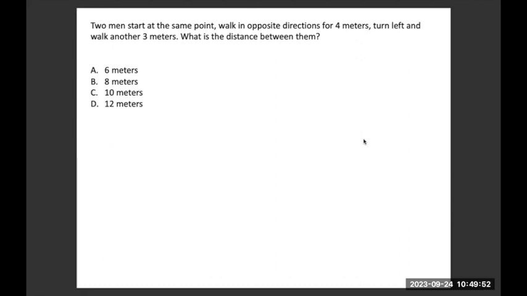Kavya, correct answer. Risha, Banvi, correct answer.